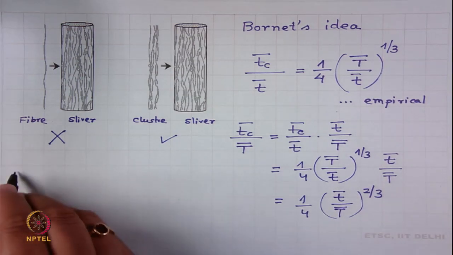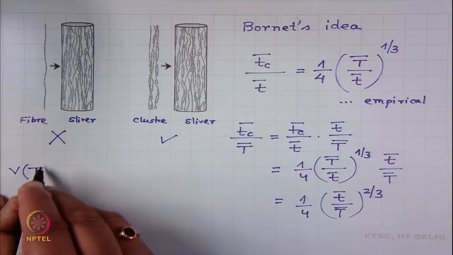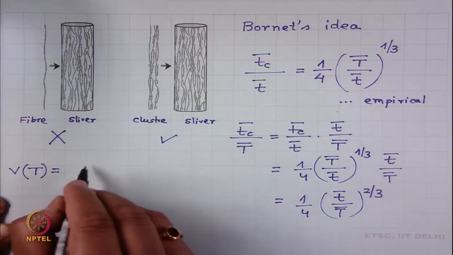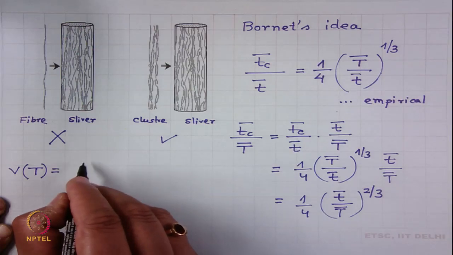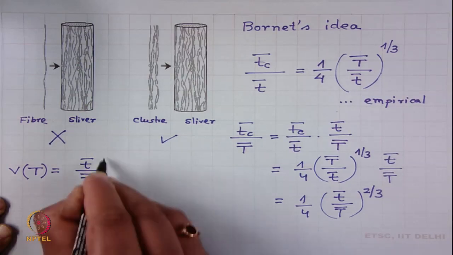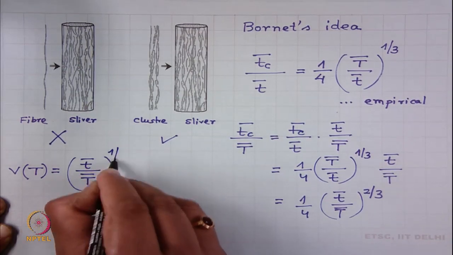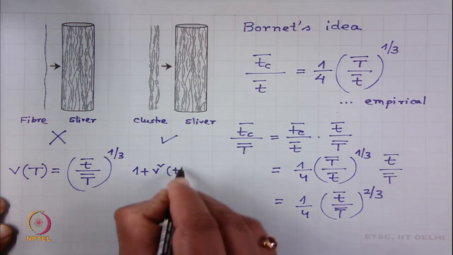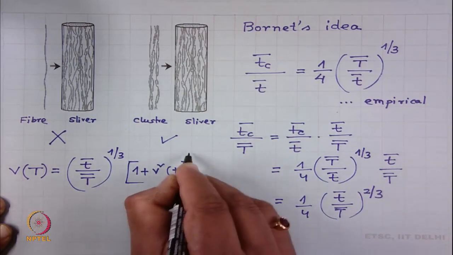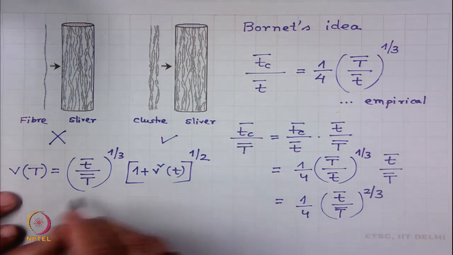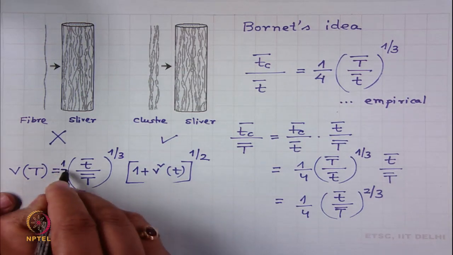Then we can write the irregularity of this sliver will be this divided by 2.